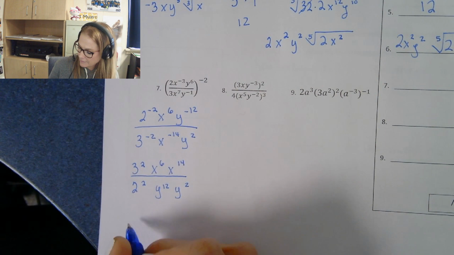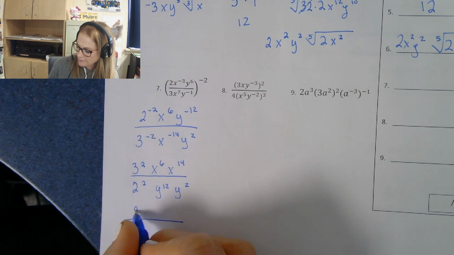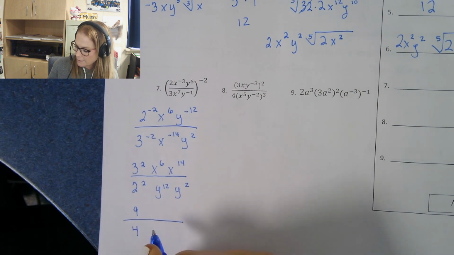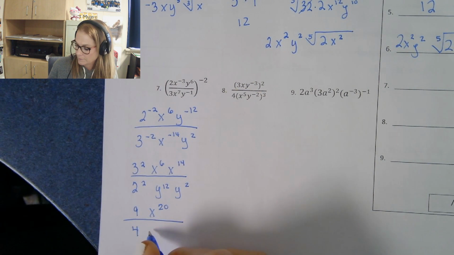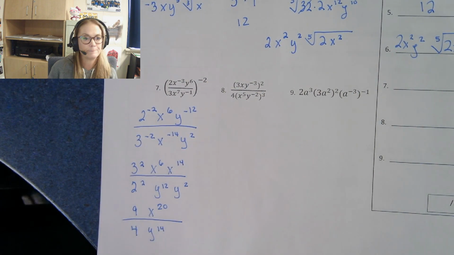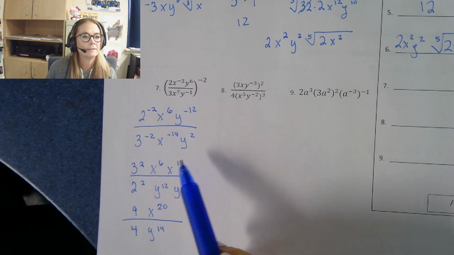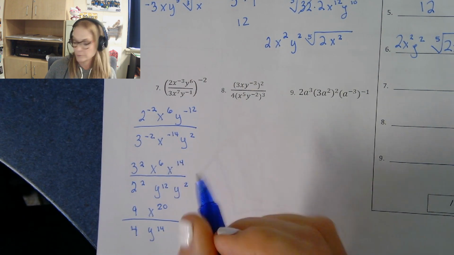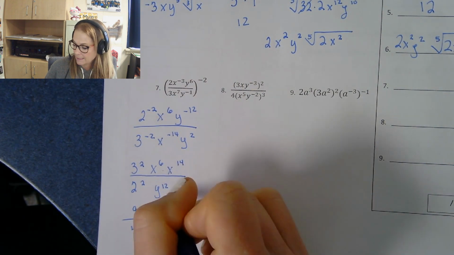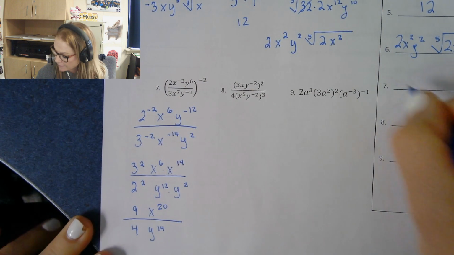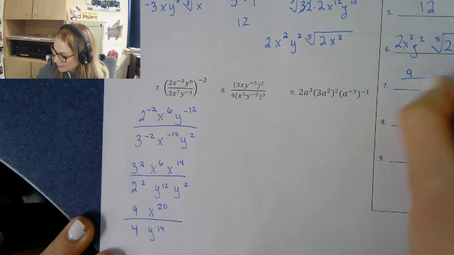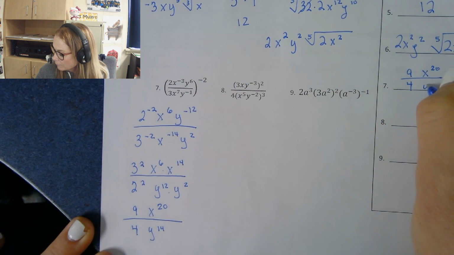It's like giving dog commands or something. All right, so this is 9/4, a total of 20 x's up top, and a total of 14 y's on bottom. Okay, so 3 squared is 9, 2 squared is 4, and then that's a total. You add the exponents when you're multiplying with the same base. So that shakes out to be 9/4, x to the 20, y to the 14th.